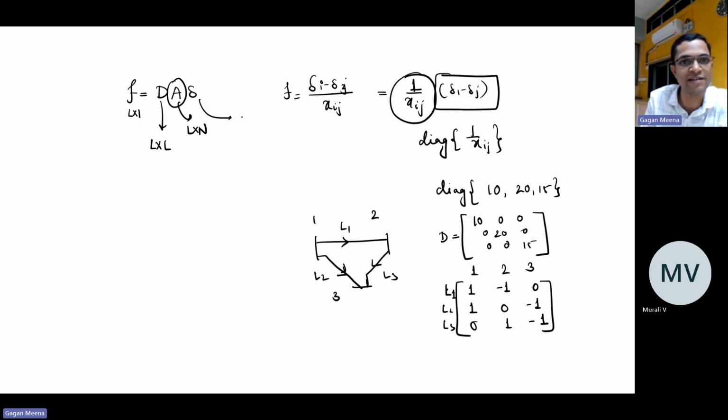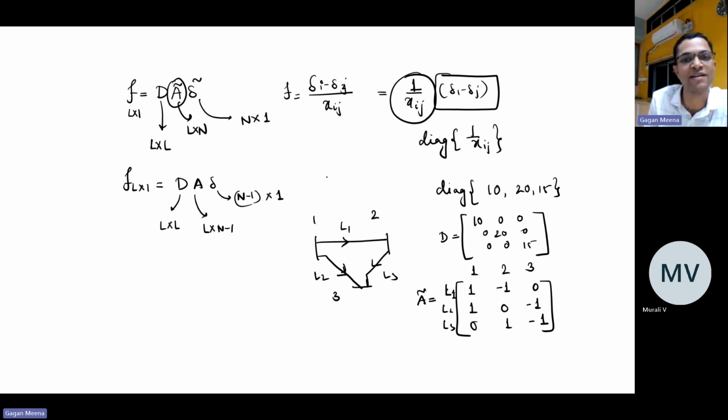And then delta is n cross 1. Either we can write it like this, or we can also write it like this: D times A delta. Let me call this A tilde. D will remain the same, L cross L. I can write A as L cross n minus 1 and delta as n minus 1 cross 1, because we know that delta 1 is 0, the reference. So I can remove that row.